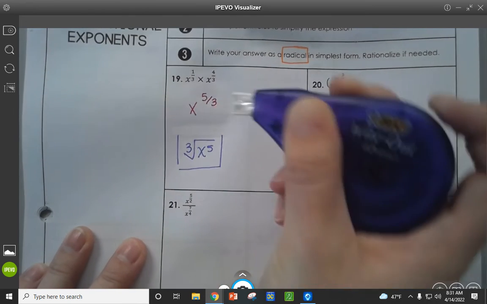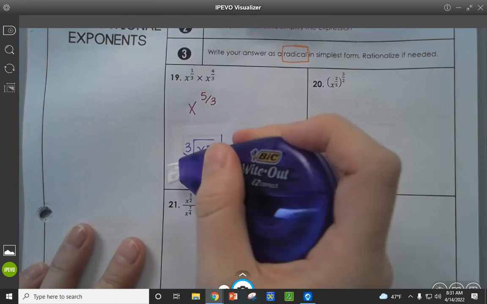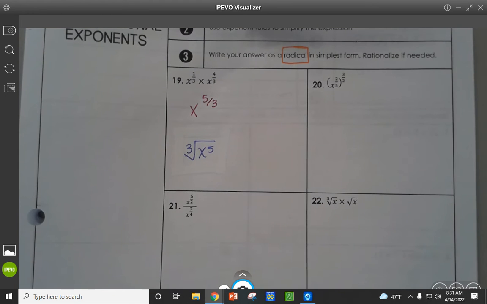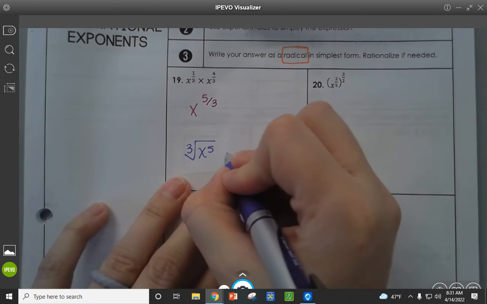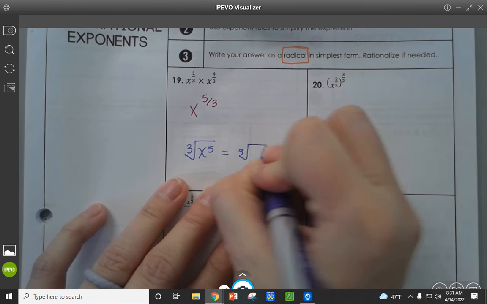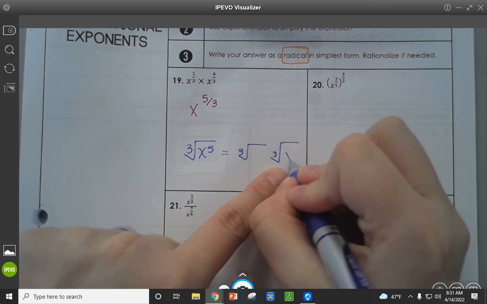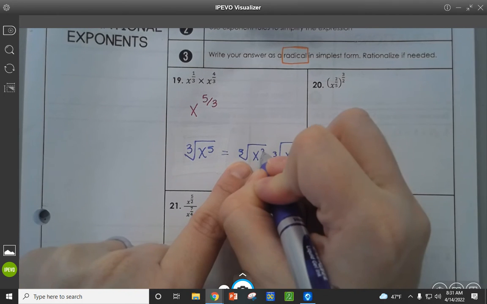This will be another thing that'll get you, because not that you're doing anything wrong, you just forget to do that final step. How many x's, if I want to split this up, how many x's do I need to move out? 2. Move out my x squared, which leaves me with x cubed.